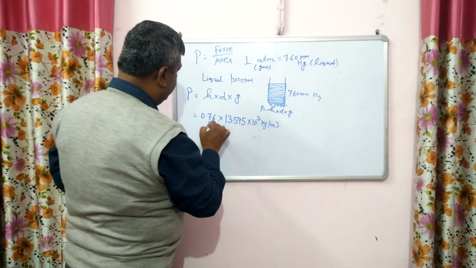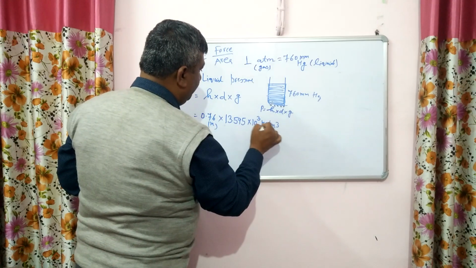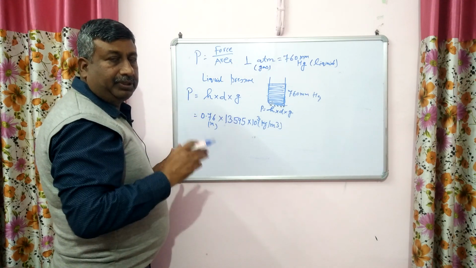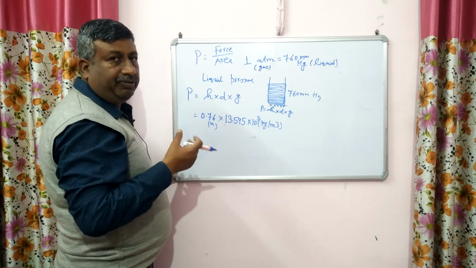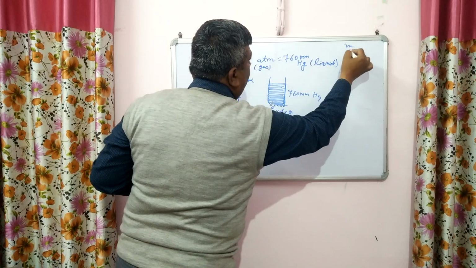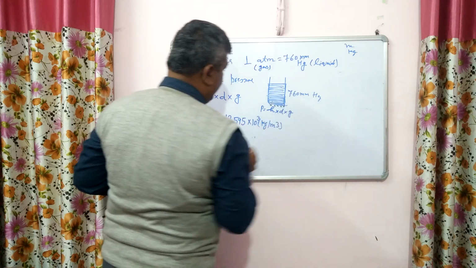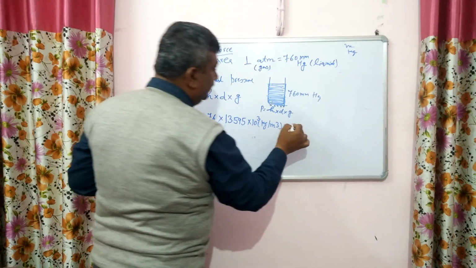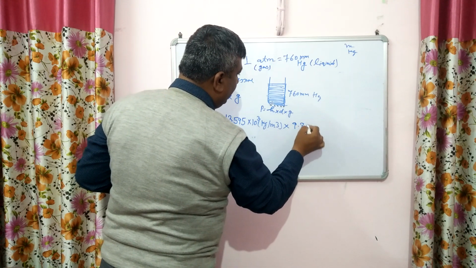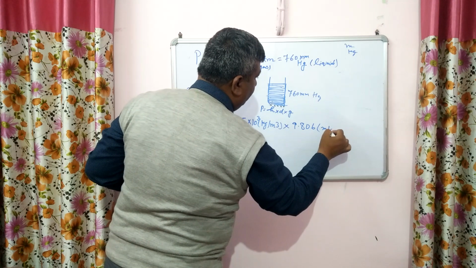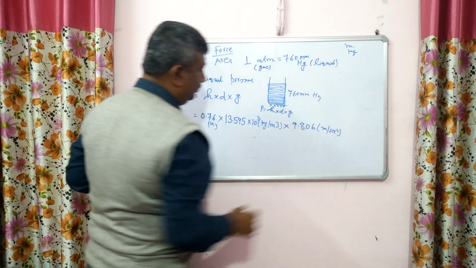Here it is meter, it is kilogram per cubic meter. We have to use SI units, international standard units, meaning meter, kilogram. Okay, and then the G is 9.806 meter per square second.